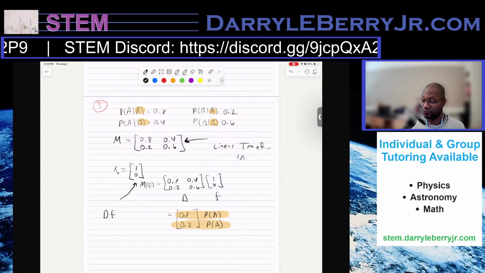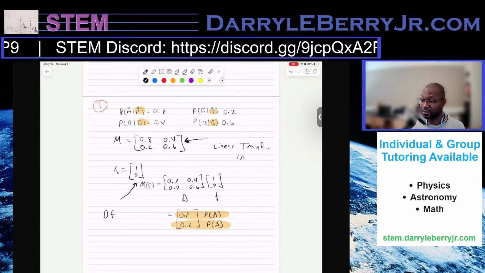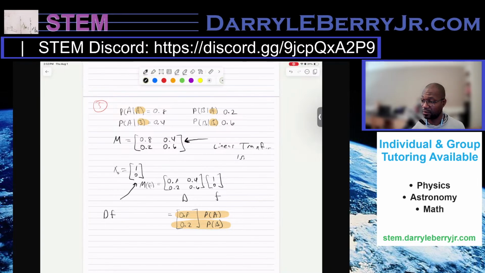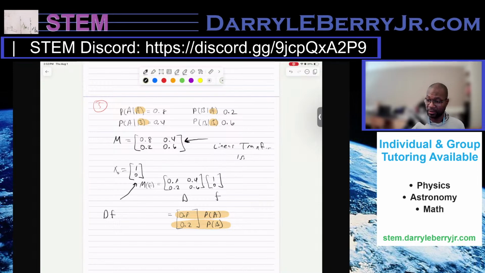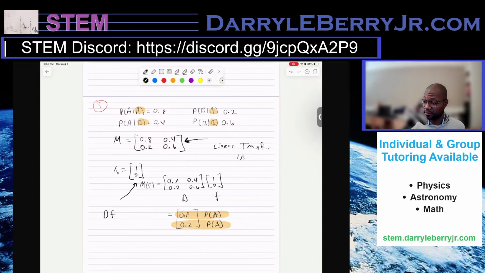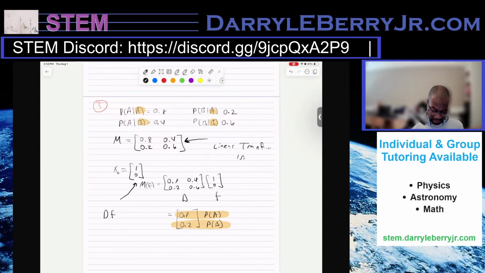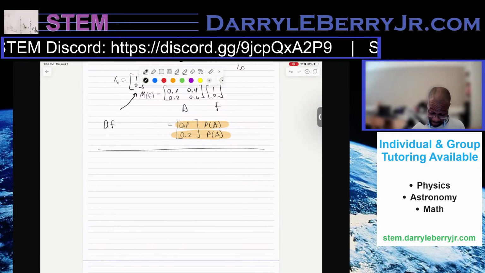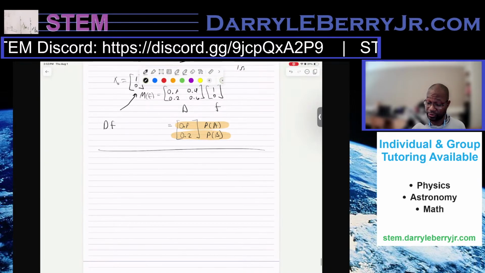It says, find an expression for x_k, the probability distribution for the particle after k seconds. Now, I did this slightly differently than the solution page, which is the way I understand it, and I got the right answer.